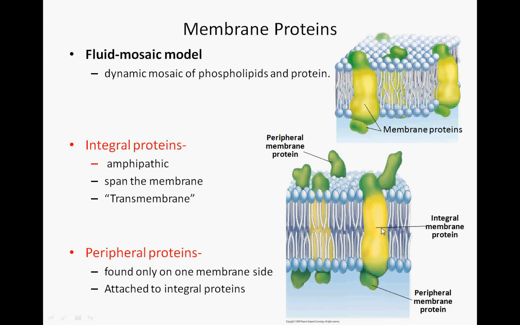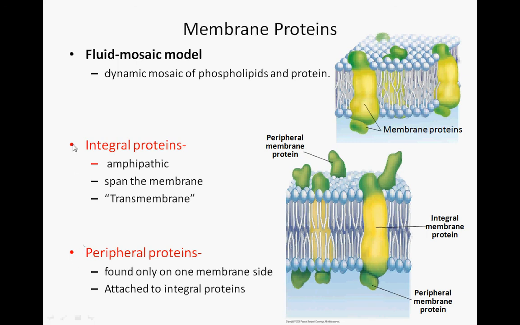And they also have hydrophobic regions. These are the ones that are interacting with the tails of these phospholipids. Because these proteins span across the entire membrane, more often than being called integral membrane proteins, they're called transmembrane proteins. So if you hear that term, that's what it means.